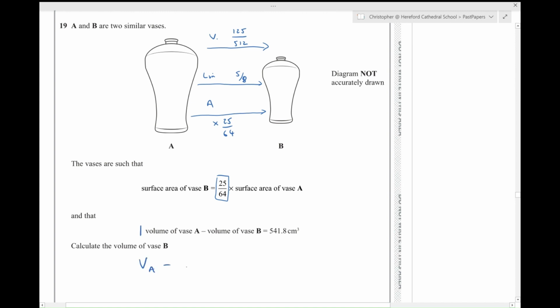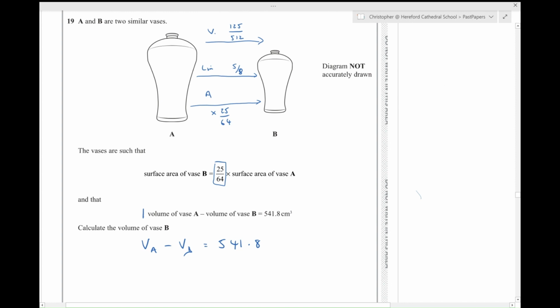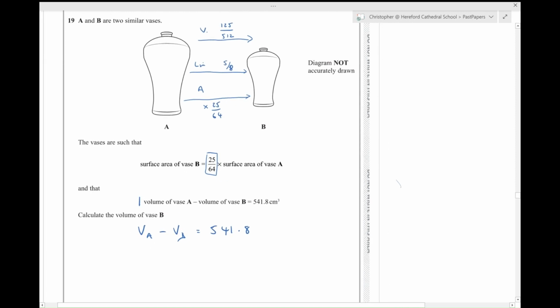Right. So if I call the volume of vase A VA, then this equation here is telling me that VA minus VB is 541.8. And I know that VB is a certain fraction of VA, as I've worked out at the top. So I could say VA minus 125 over 512 times VA, because that's what VB is, equals 541.8.